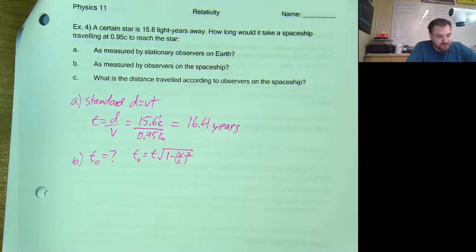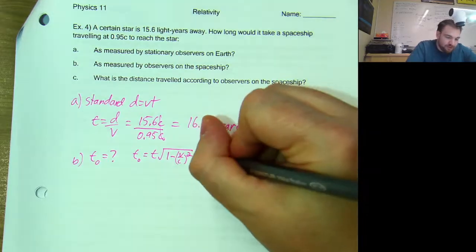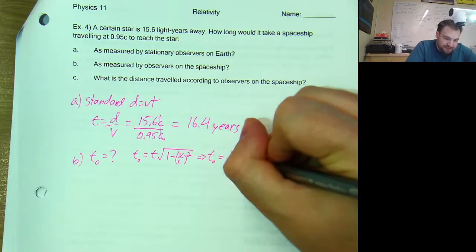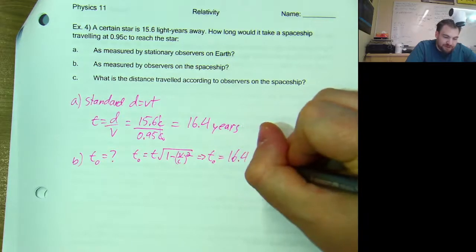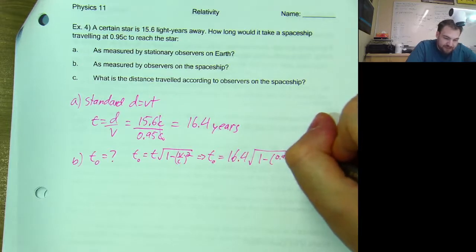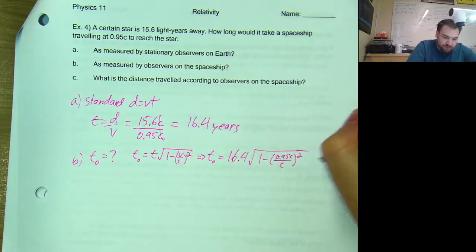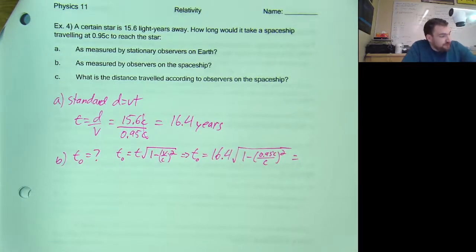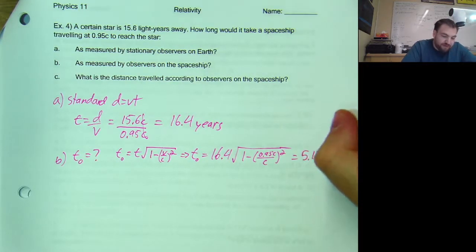So t0 equals 16.4 times the square root of 1 minus 0.95 c over c squared. What is our t0? How much time does the spaceship crew observe? 5.13 years.